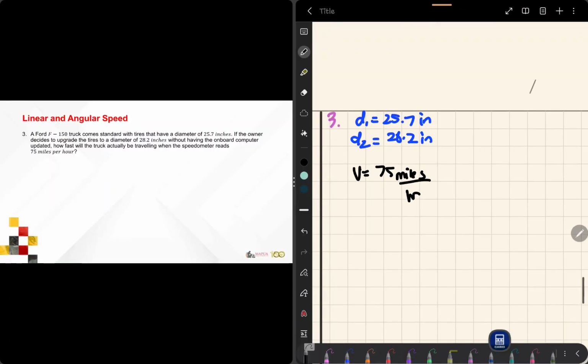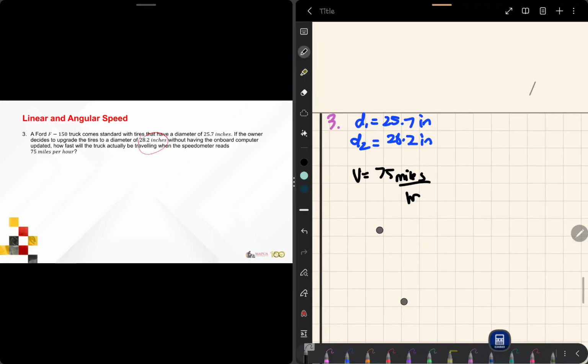Why do we have to find the original angular speed? Since this angular speed will also be used for the new tires. It is stated in the problem that the onboard computer is not updated, so the angular speed for both tires would be the same. So we must first find the angular speed for the original tire.